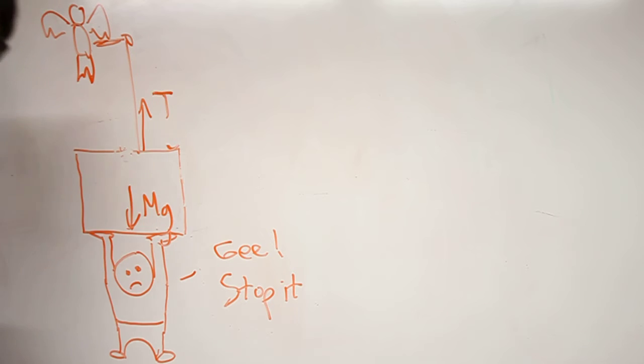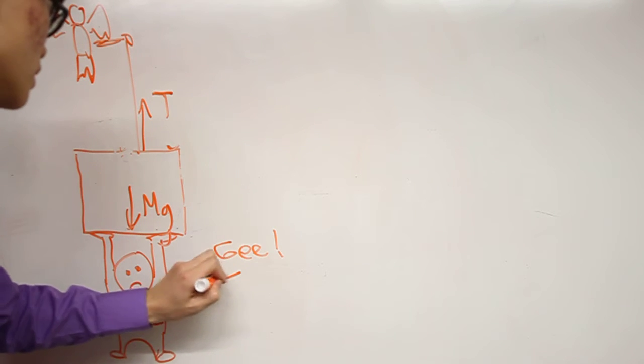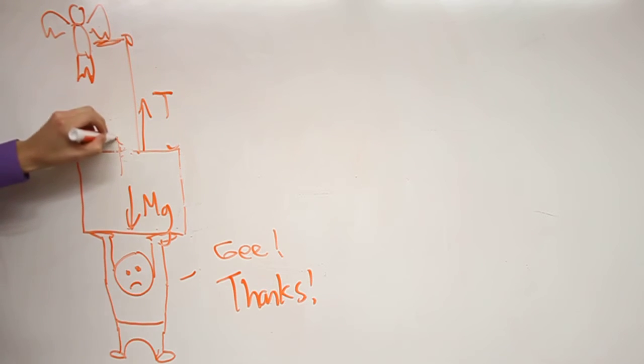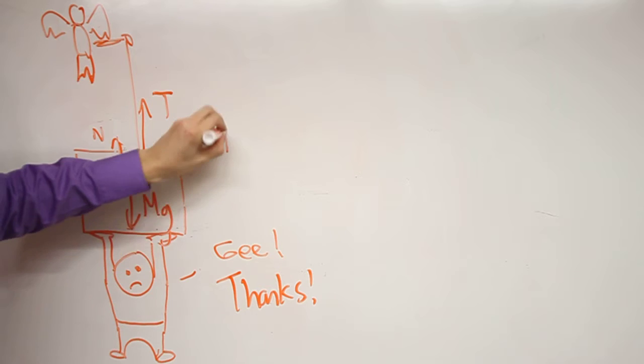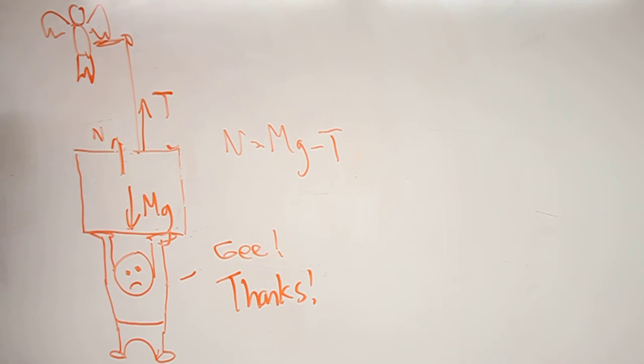So this guy is now going to have to push upwards less on this box. So his N is smaller now, and his N is actually mg minus T. So he's just creating it such that the sum force on this box is 0. So now let's start to think about this in real context.